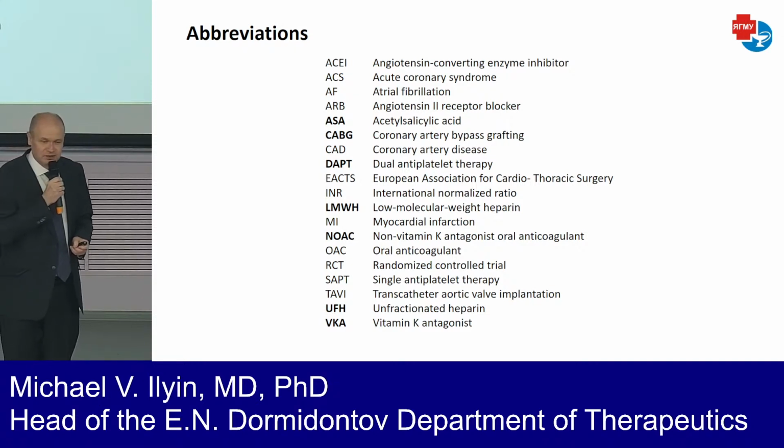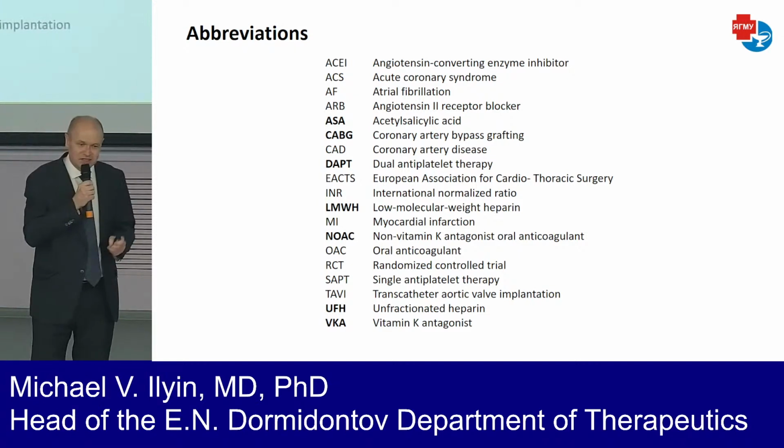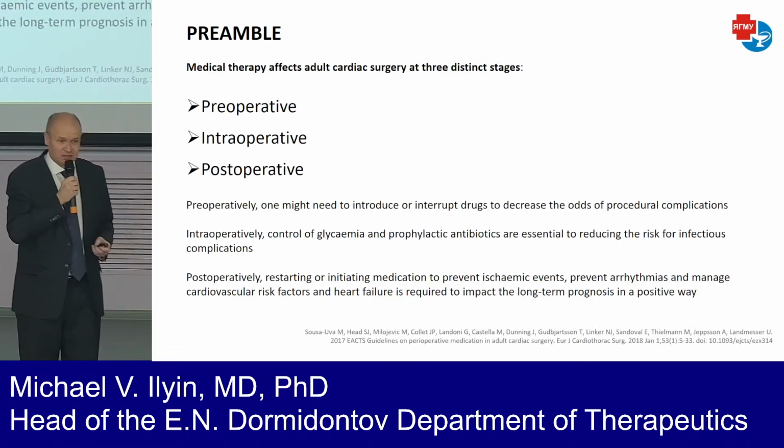LMWH, low molecular weight heparin. And this is interesting, NOAC, non-vitamin K antagonist oral anticoagulant. Not a new oral anticoagulant, you know. And two more, UFH, unfractionated heparin, and VKA, vitamin K antagonist. They are the most widely used abbreviations in my presentation.